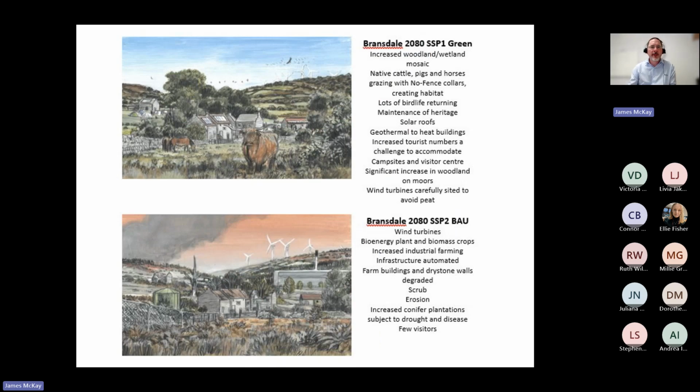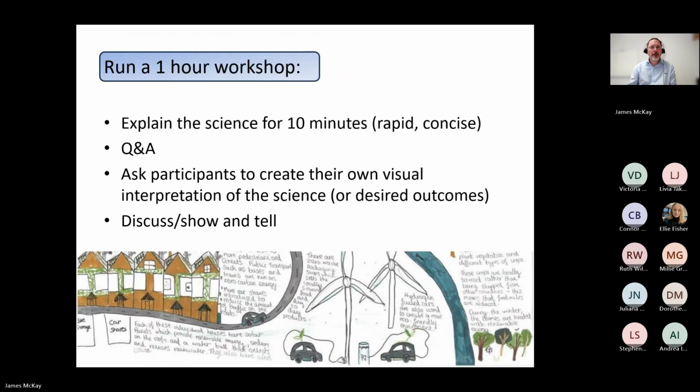So here you can see some different versions of a particular place to give an idea of how the same place might look under different scenarios. So I just thought that it would be useful to explain how some of these visions came about and how some of this communication came about.